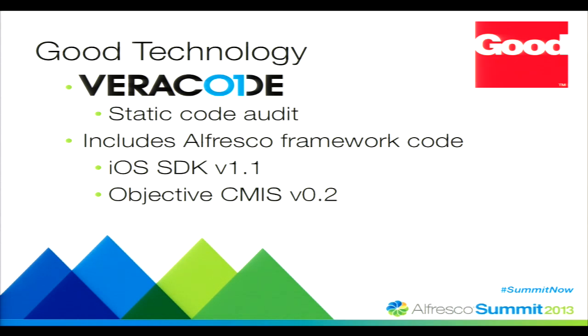So we were very pleased to have that against the code. What it means is you're not leaking temporary files, you're not storing passwords somewhere, you're not doing stuff in clear text. So it was a good validation anyway, as well as being required by Good technology.